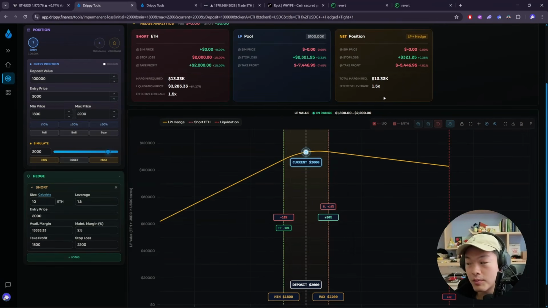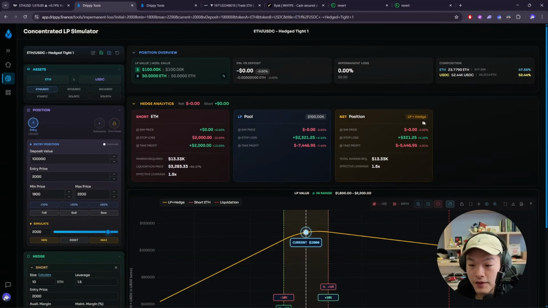Especially on platforms like Binance, I believe there's much more of those things happening that could affect your profit and loss pretty significantly. Because you can see this stop loss is you losing 2 grand on a 100K. That is about a 2% loss on your LP capital if you got stopped out without the LP actually moving up in price. So that's another layer of risk to consider.